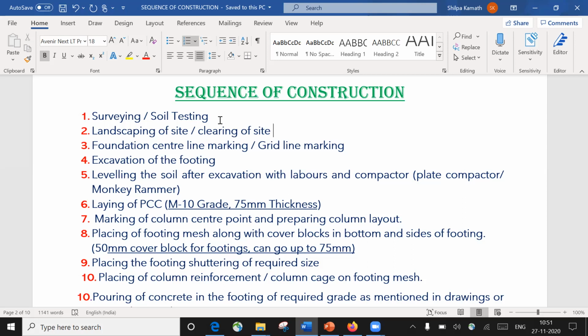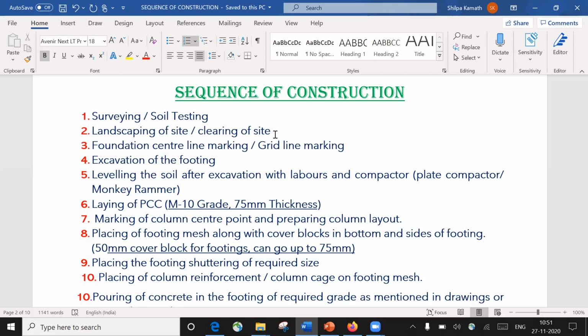Surveying will be done. Once the surveying is done, the next is the landscaping of a site, or clearing of a site. Why does this have to be done? See, usually again, if it is a small house, there won't be a lot of debris and filling and cutting. But let us say you want to construct a huge commercial building, or a huge residential building where you have 3-4 towers. In that case, you require a huge amount of land.